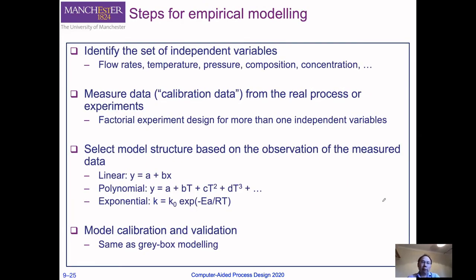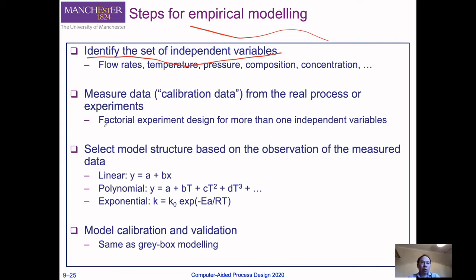There are several steps for the empirical modeling approach. First, we identify the set of independent variables. The independent variables are usually flow rate, temperature, pressure, composition, concentration. We list all possible independent variables.